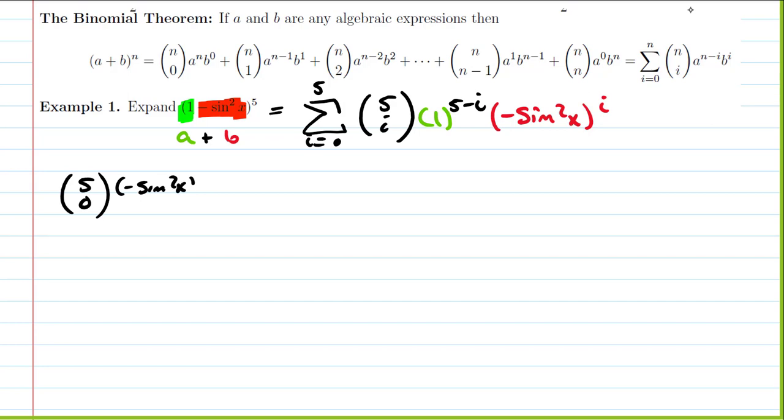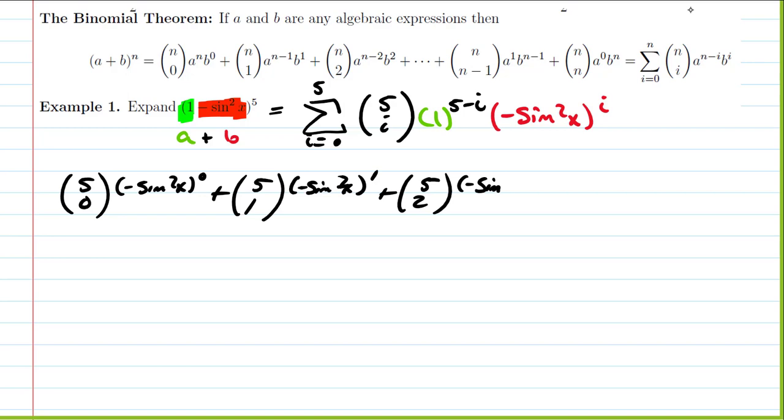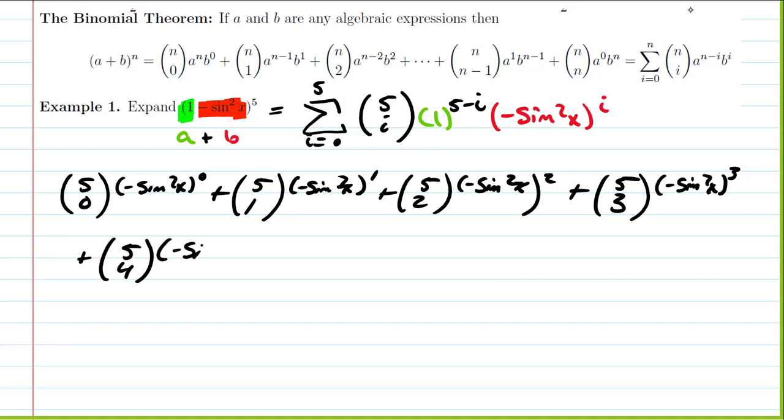Negative sine squared x to the 0 plus 5 choose 1, and then we're going to have our negative sine squared x to the first plus 5 choose 2, our negative sine squared x squared plus 5 choose 3, negative sine squared x to the third plus 5 choose 4, negative sine squared x to the fourth plus 5 choose 5, negative sine squared x to the fifth.